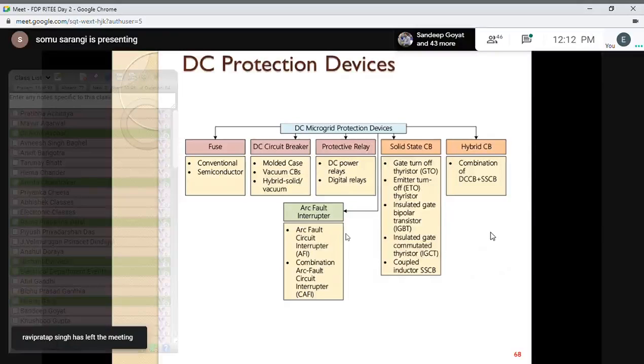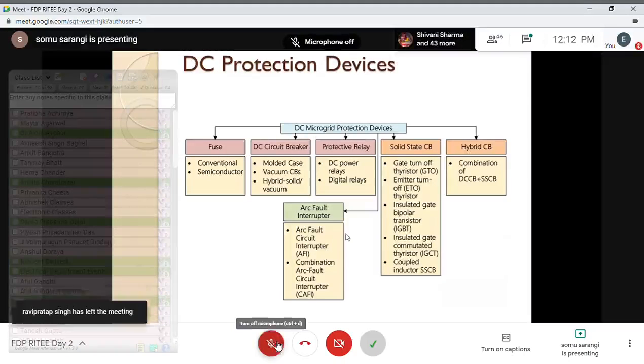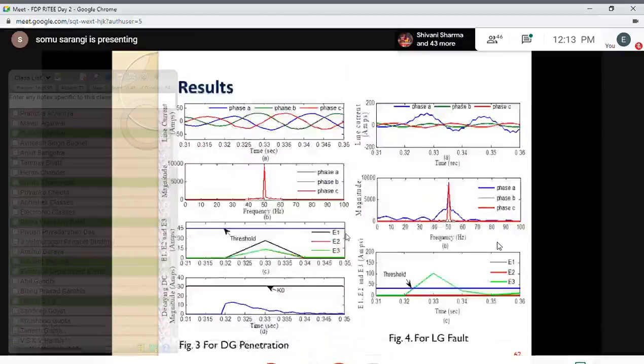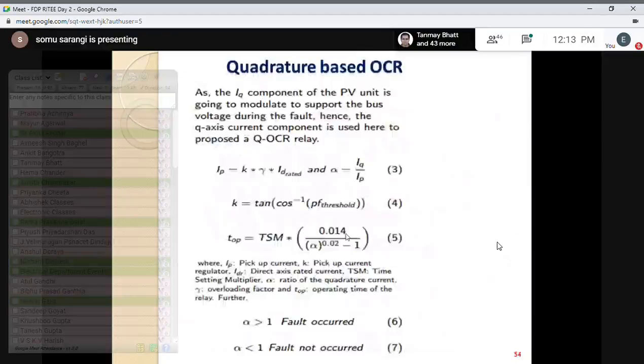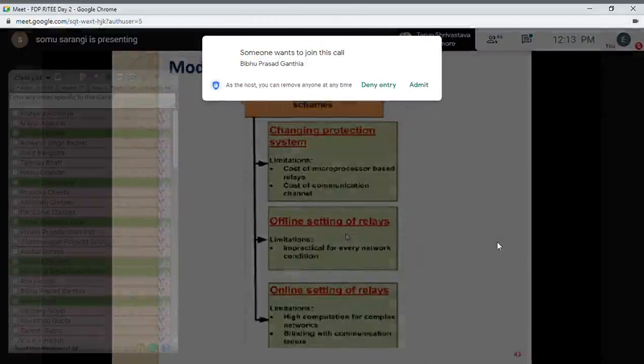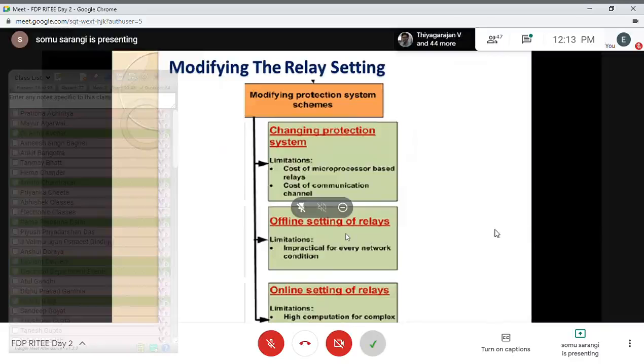That is possible. That's why we have given the option; if you observe, I'm going to the slide, we have given the options we have. If you observe the third one, online setting of the relay.